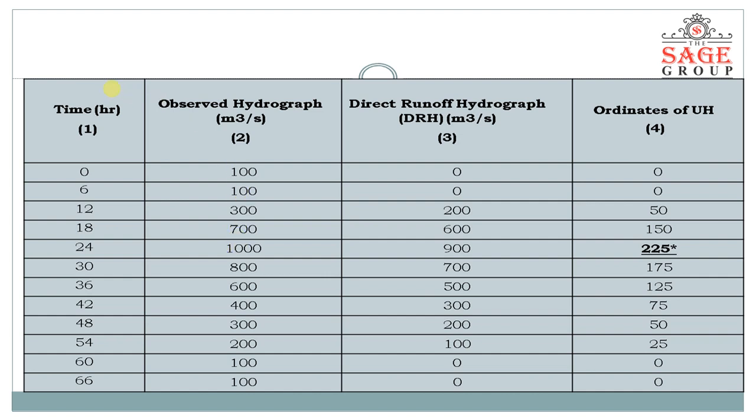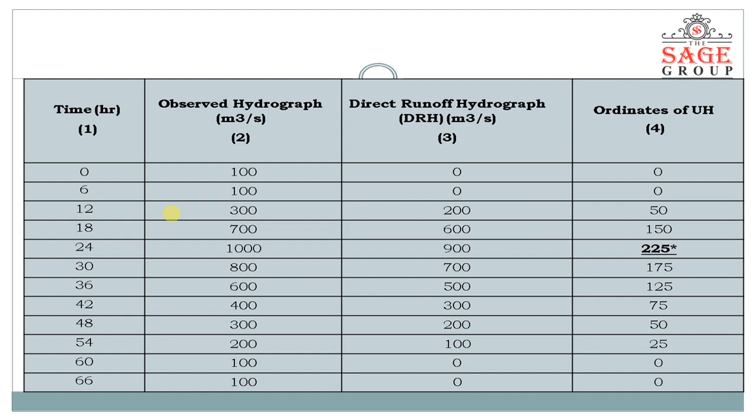In column 3, the first value is 100 minus 100, which is 0. In the next interval of 6 hours, again 100 minus 100 is 0. At 12 hours, we get 300 minus 100, which is 200. Remember, the direct runoff hydrograph is the runoff in which we subtract the base flow from the observed runoff.